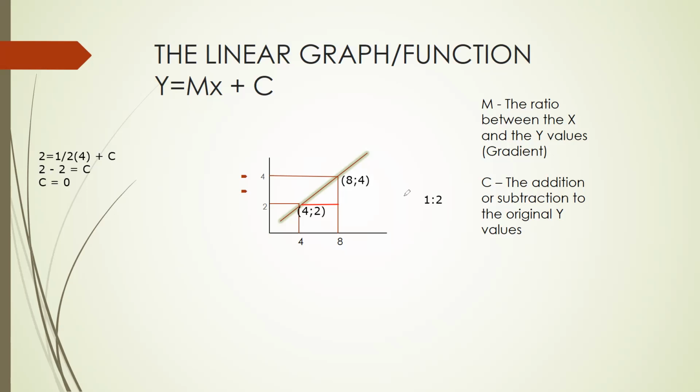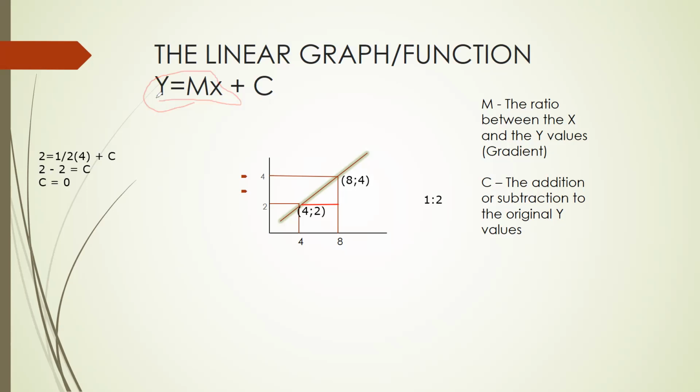Because remember now, c is the addition or subtraction of the original y values, which means generally we are dealing with y is equal to x. This is what we are dealing with. This is what's important in this equation. That's why they call c a constant, because it never changes. And just leave c like that. We are not dealing with c. This is what's important: y is equal to mx.